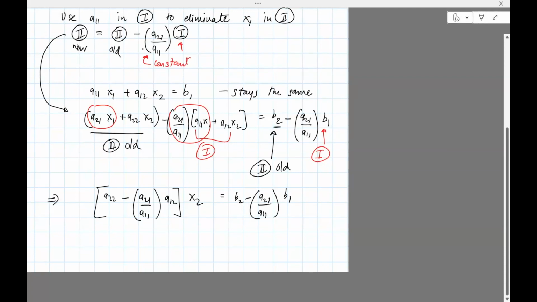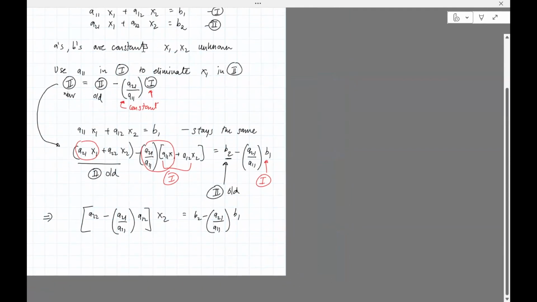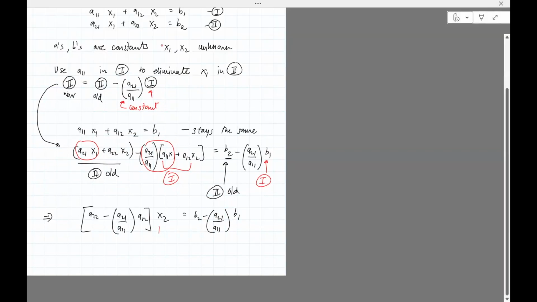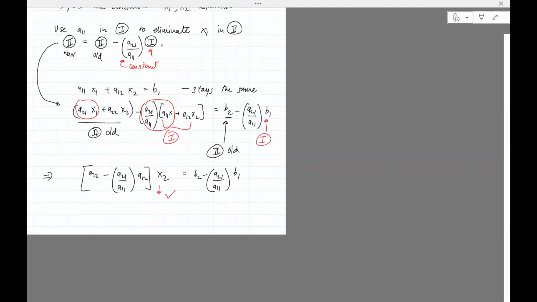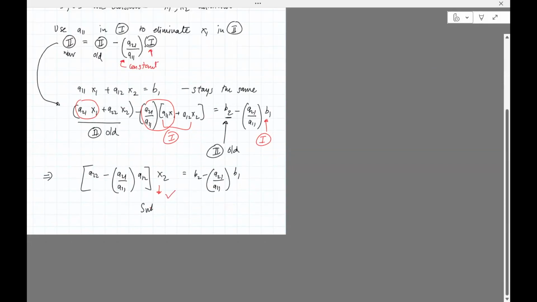This is your x2, and then once you get x2, it's just a matter of substituting x2 back in for x1. This is known. Substitute in equation 1 and solve for x1.